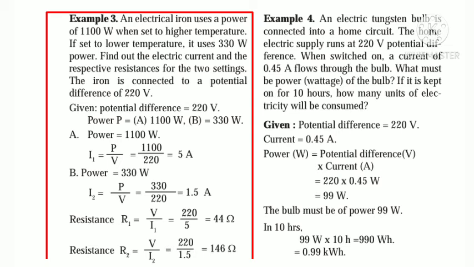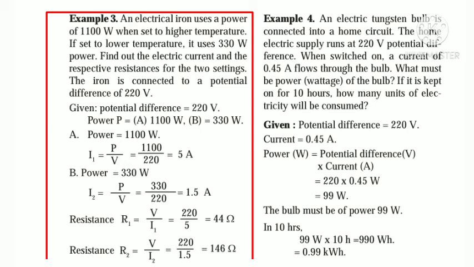Find out the electric current and the respective resistance for the two settings. The iron is connected to a potential difference of 220 volt. Very interesting example is here.